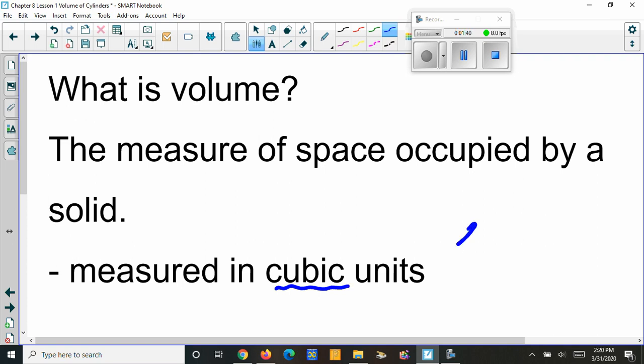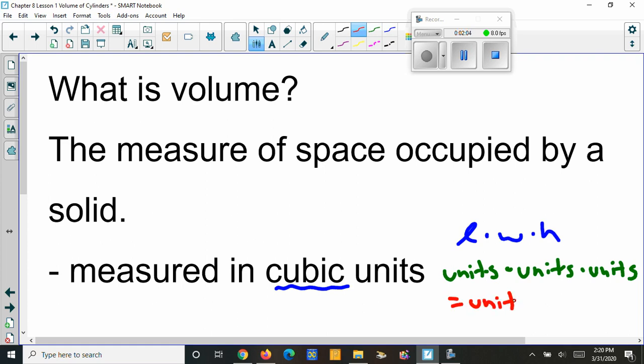Well, if we have length times width times height, because we multiply for area, that's units times units times units, which simplifies to say units cubed.